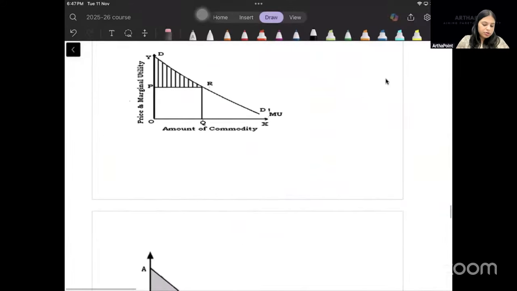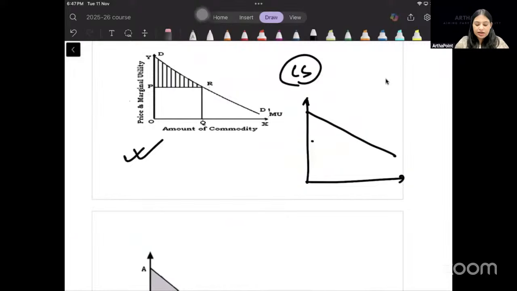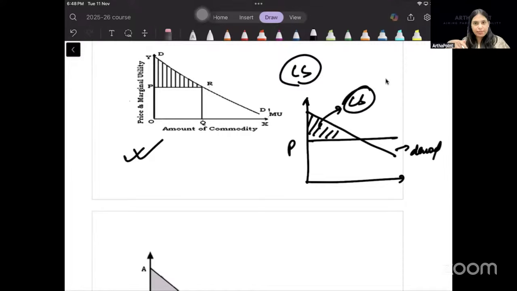Now we talk about consumer surplus. The concept of consumer surplus says that the area above price and below the demand curve is consumer surplus. But we can also find consumer surplus from the marginal utility curve.